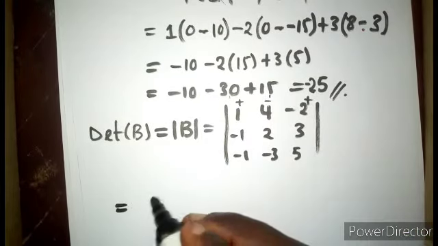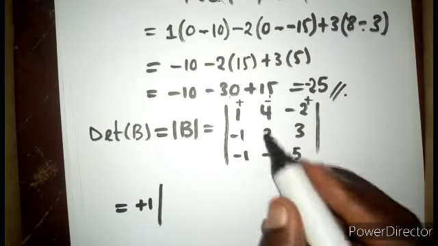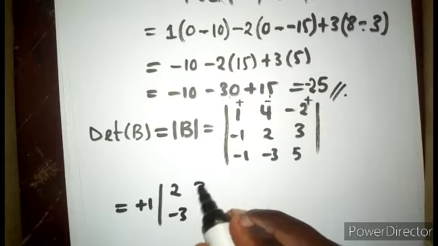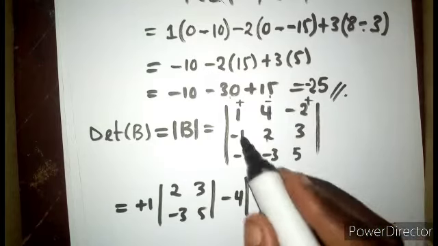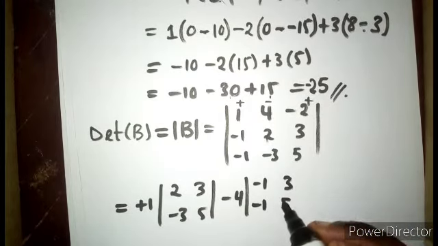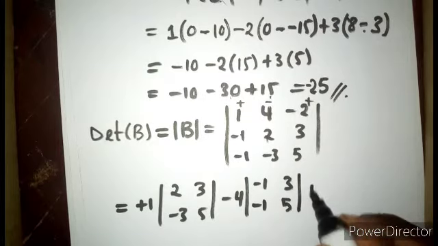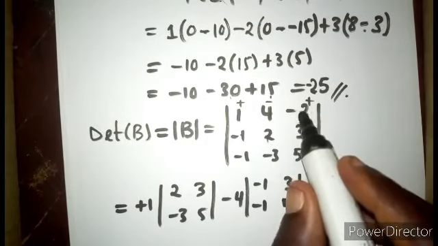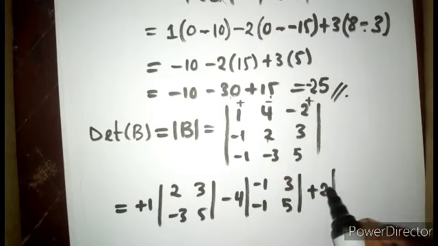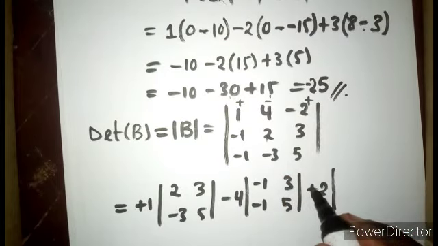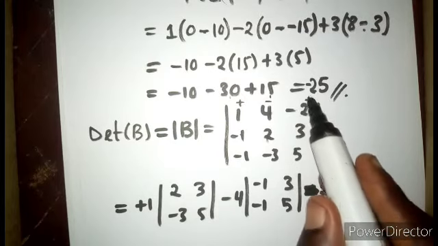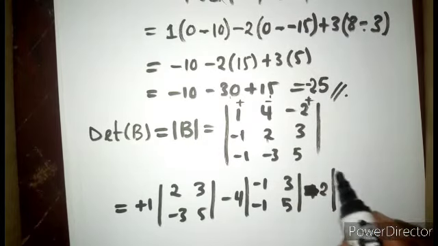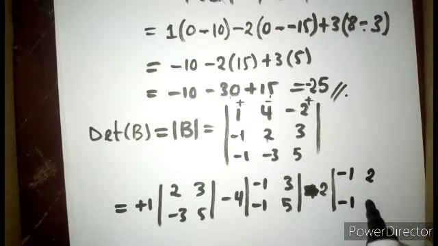So we have plus 1 times the matrix 2, 3, minus 3, 5, minus 4, cancel this, we have minus 1, 3, minus 1, 5. Then plus minus 2, which is minus 2, because the entry is negative. So you have negative 1, 2, negative 1, negative 3.